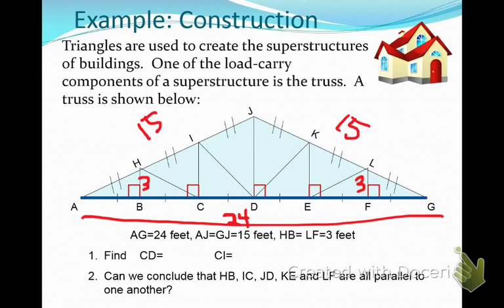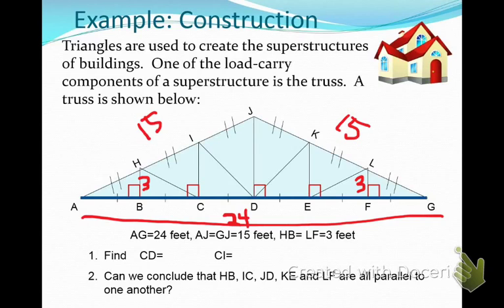7.5? It's not 7.5. 24? How'd you get that, Ryan? I took 24 divided by 2, and the 3 lower triangles are all congruent to each other, so I divided by 3.